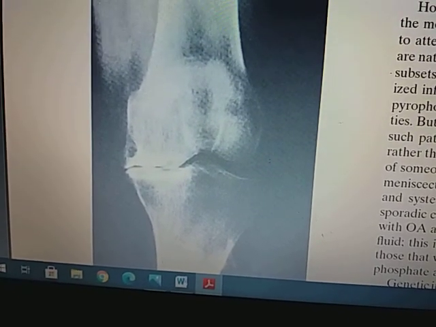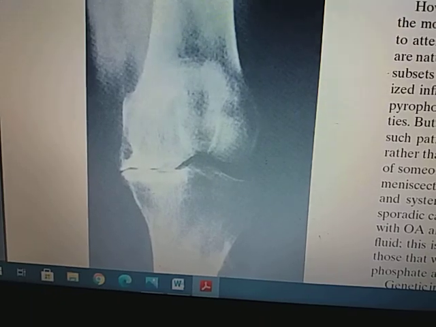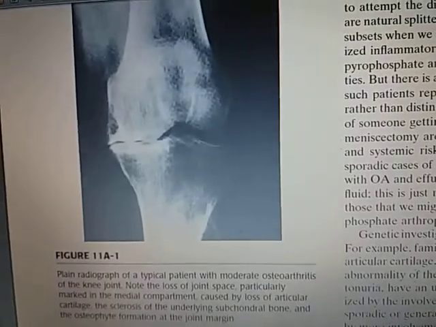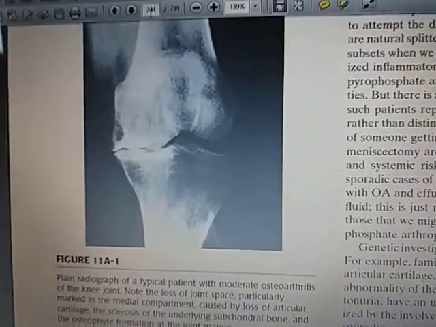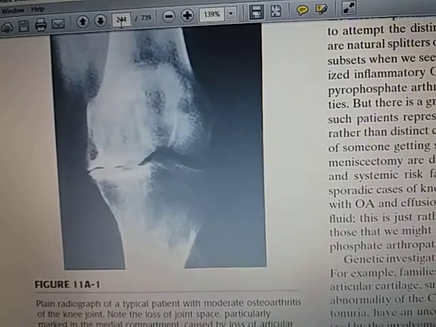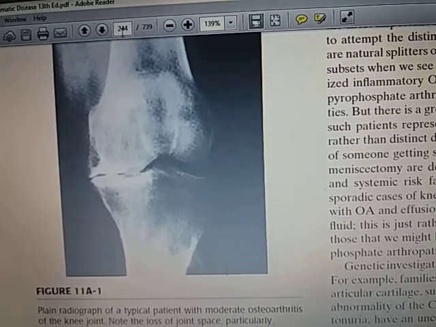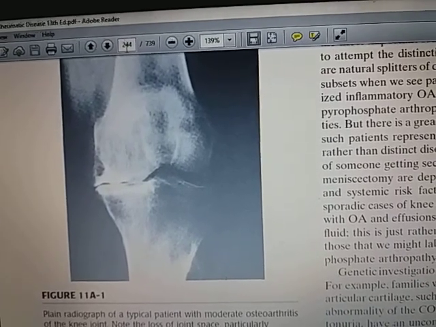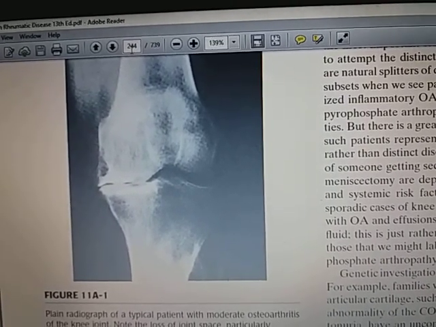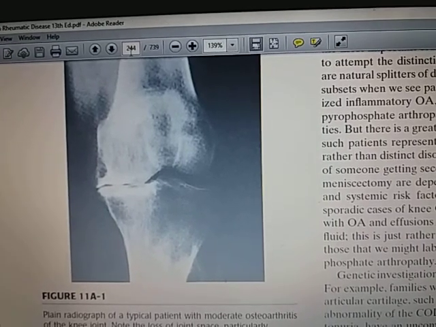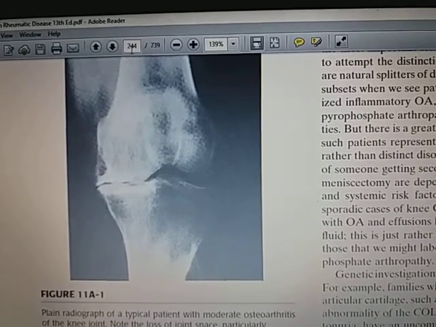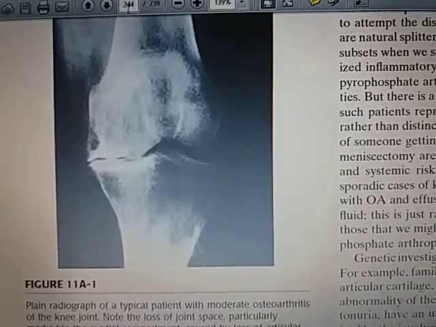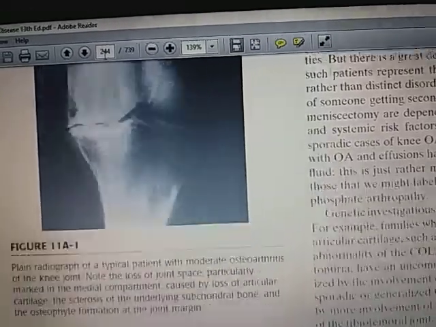There is a severe narrowing of the joint space in comparison to the lateral compartment, with subchondral sclerosis and osteophyte formation at the joint margin. Osteophyte, horizontal bony projection.